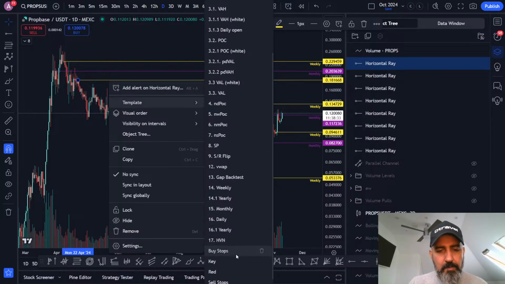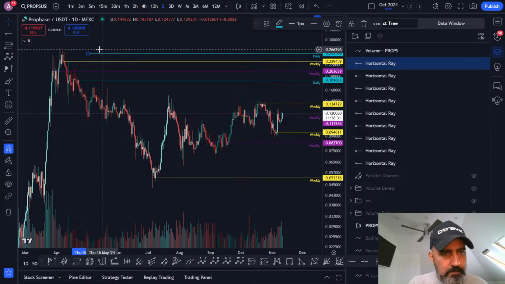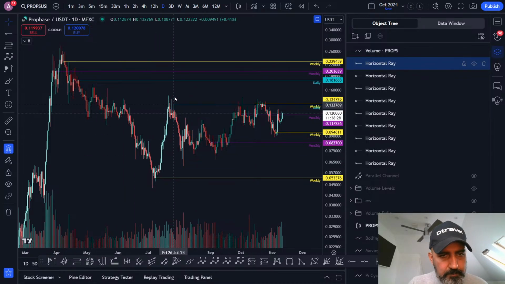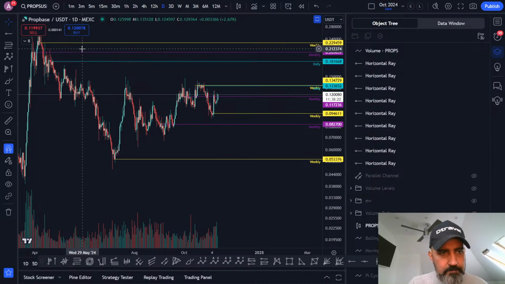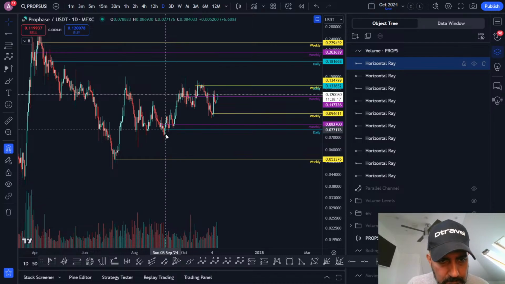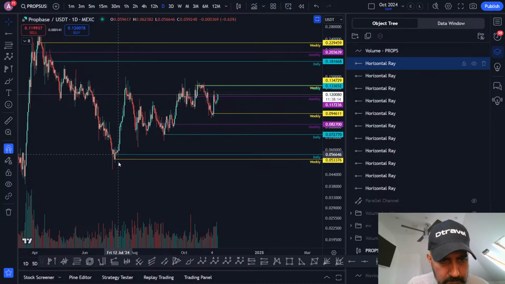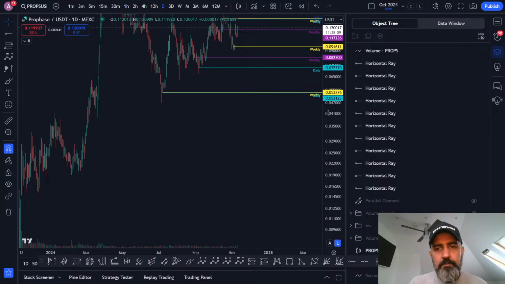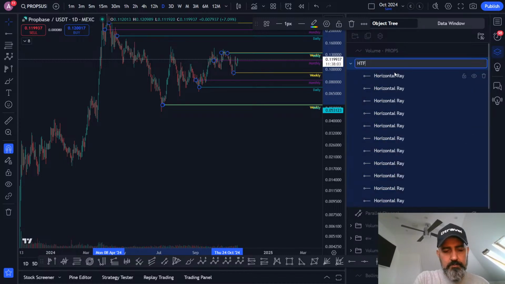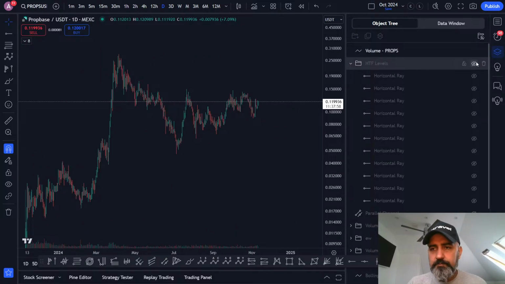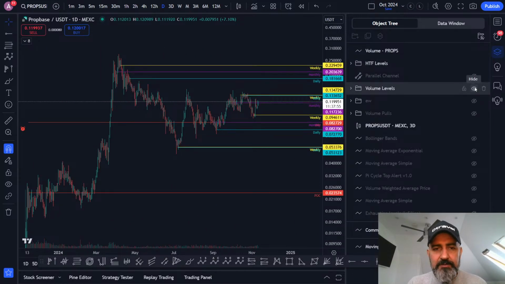And daily levels. High time frame levels, volume levels.